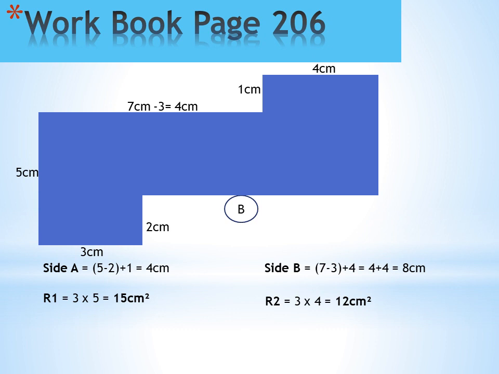So we just multiply 4 by 4, and our answer for rectangle 3 will be 16 centimeters squared. Actually, this is a square. A square has all the same sides. So 4 multiplied by 4 is 16. Let's add everything together. We have 43 centimeters squared.